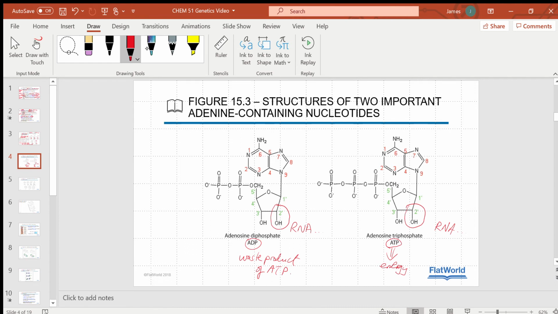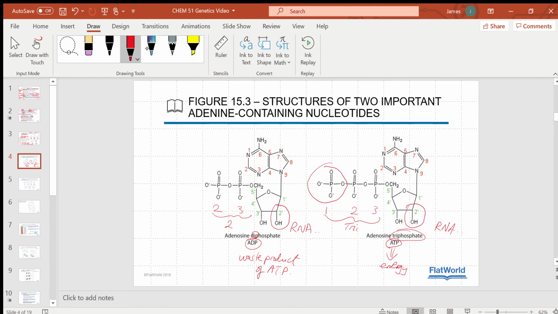Essentially, the only difference is if we lose this phosphate group from ATP, where T just means tri, so we've got 1, 2, 3. So this is triphosphate. We've lost the first one, so we only have 2, diphosphate. Okay, so it's an exhaust product.